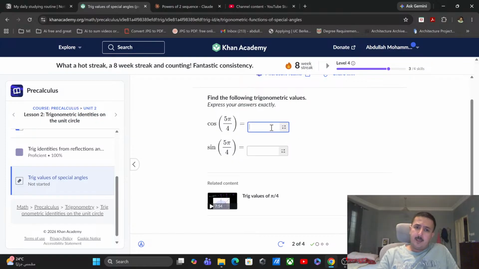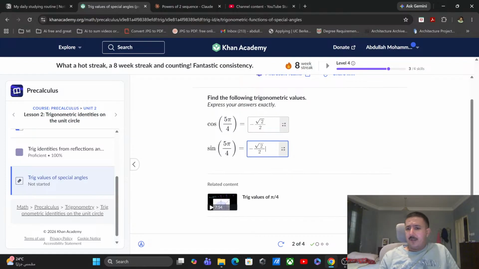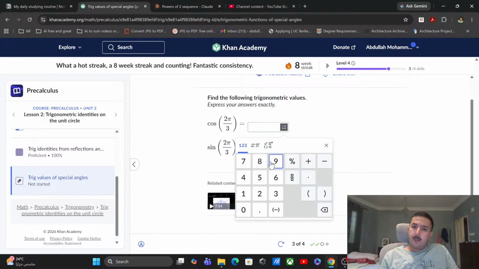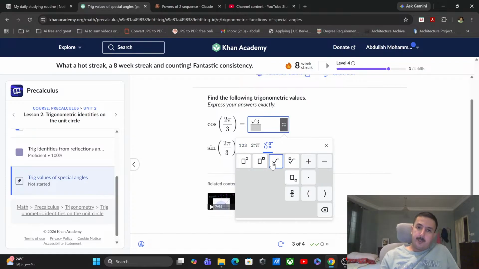And are you gonna memorize this, you guys? I don't think so. 2 pi over 3 sine 2 square root of 3 over 2.